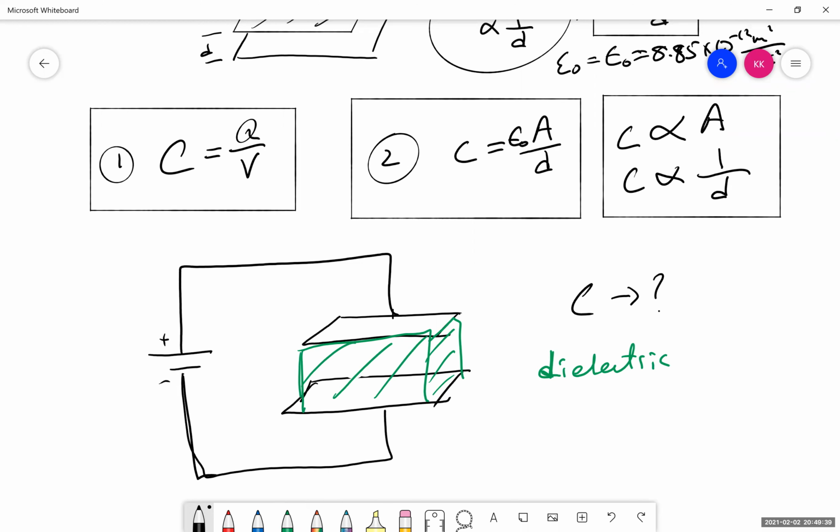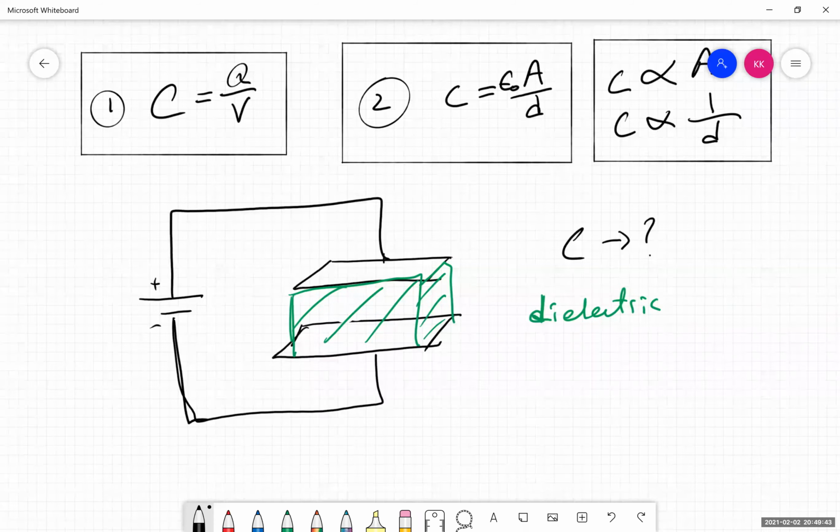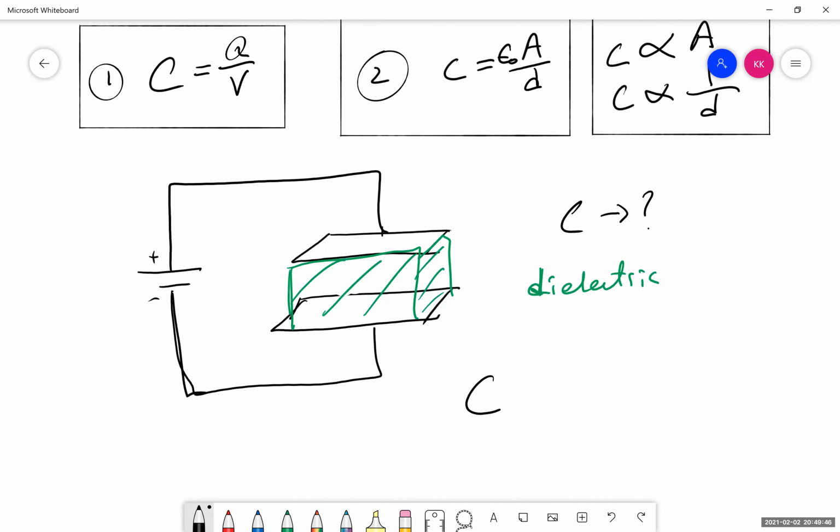We're going to do an experiment to see how it changes. Generally, when we fill the space between the plates of the capacitor with some kind of dielectric material, we are changing the electric field between the plates.